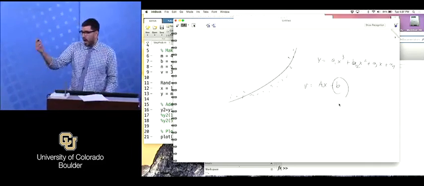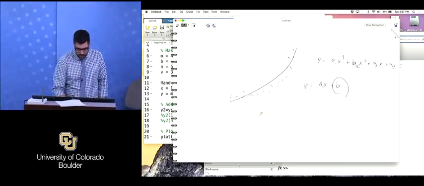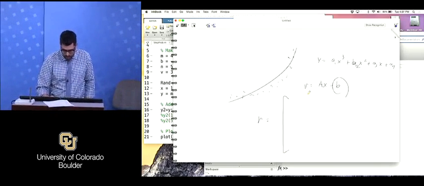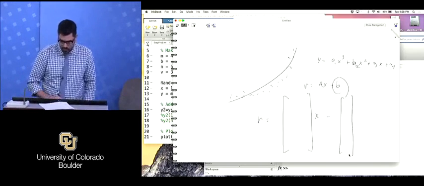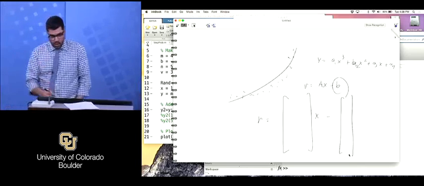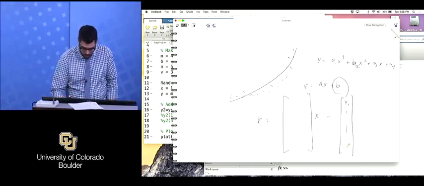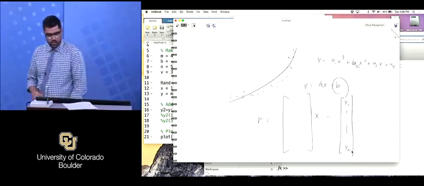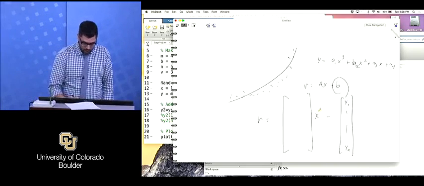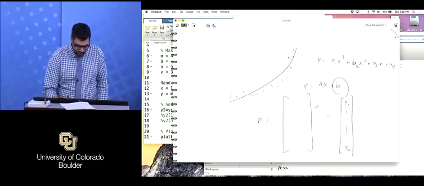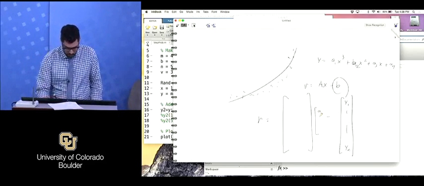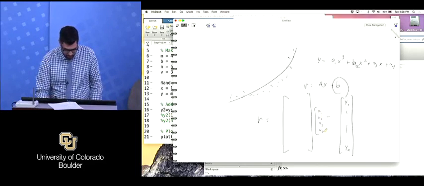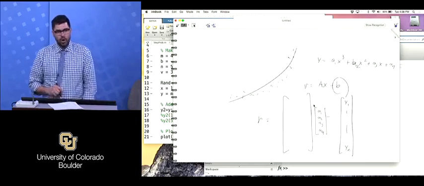B is still your y's, right? It's still your y's. The goal here is to write the residual in this form, ax minus b. Okay? So in this case, we're still going y to n. We still have data points. Okay? But what's inside my x vector this time? Yeah. A1, A2, A3, A4. So what's going to be in the first row?